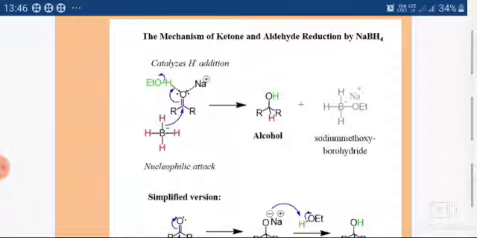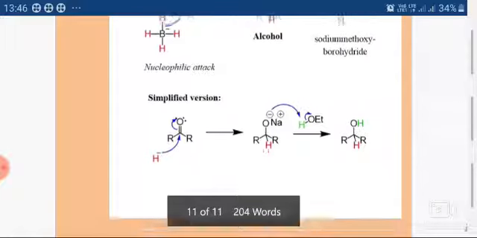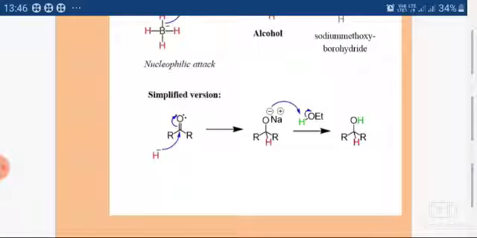In this mechanism, it is slightly complicated because one of the protons from the alcohol is being extracted by the carbonyl oxygen to form an alcohol, and there is formation of sodium methoxyborohydride, an intermediate complex. But we will see a simple version of this, as in the case of reduction of compounds by using lithium aluminum hydride.